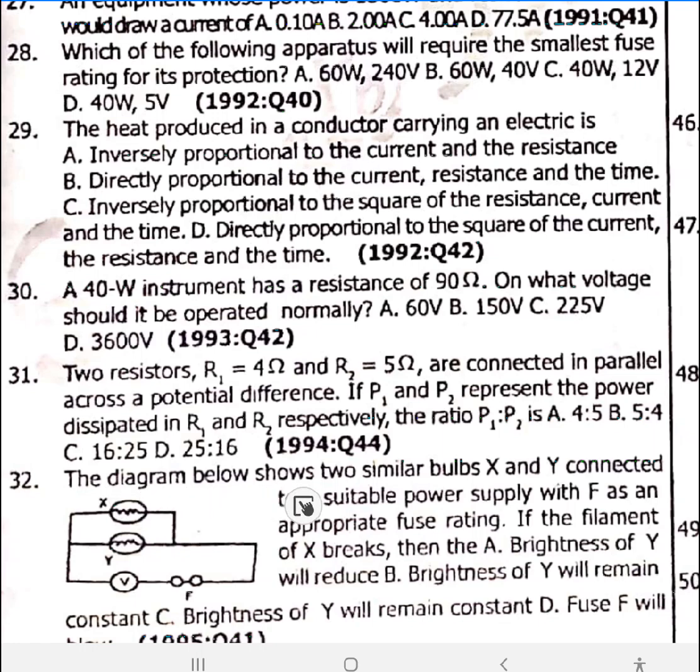The diagram below shows two similar bulbs X and Y connected to a suitable power supply with F as an appropriate fuse rating. If the filament of X breaks, as if the bulb got damaged, then the brightness of Y will remain constant.